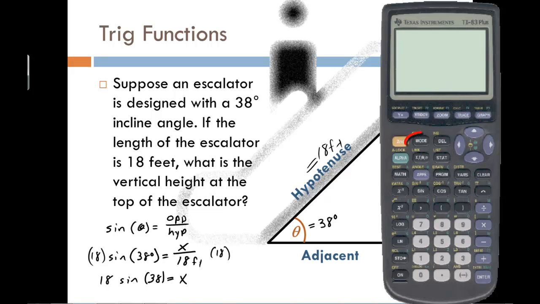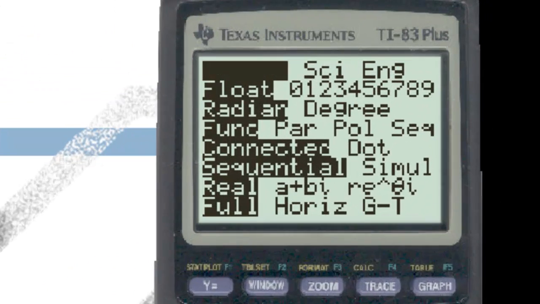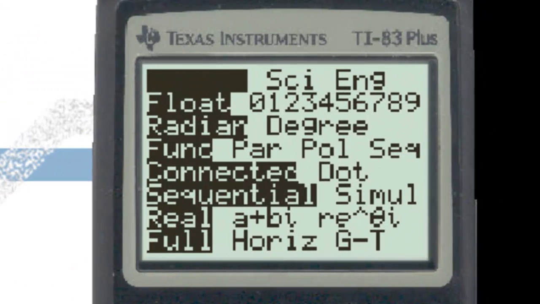The first thing we need to check on our calculator is its mode. The main thing that we're concerned with is whether it's set to radian or degree. Since in our problem we are dealing with 38 degrees, we need to set this to degree mode.